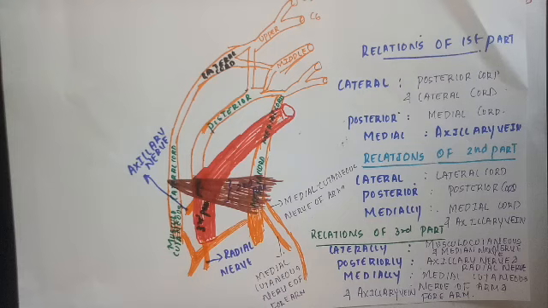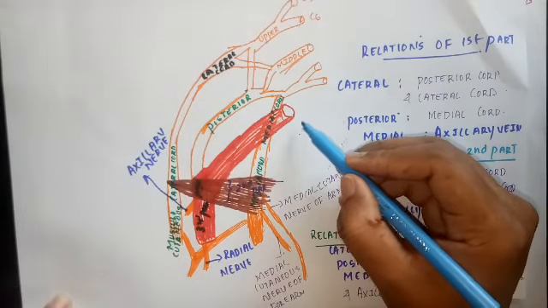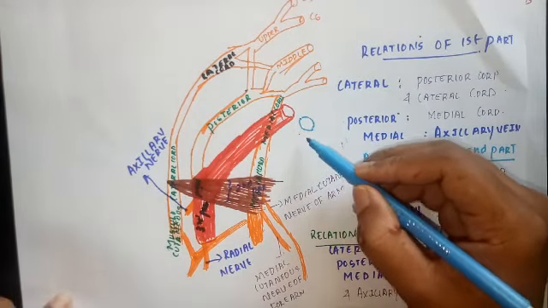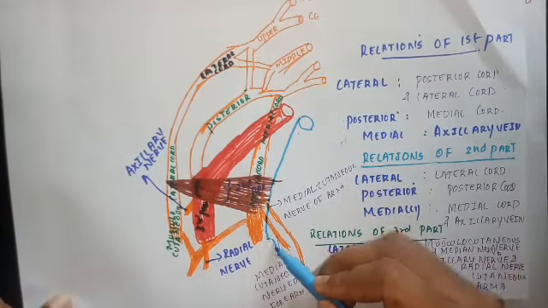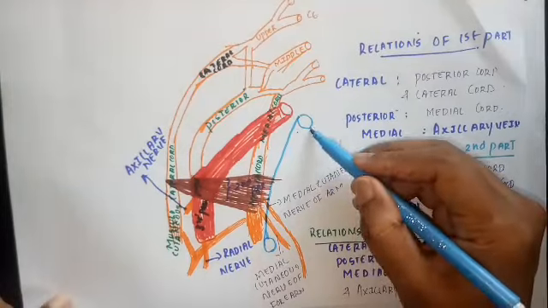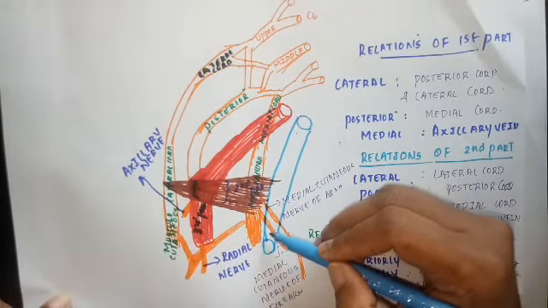And the structure which is related medially to the axillary artery in all its parts is the axillary vein. Axillary vein is related medially to the axillary artery throughout its course.